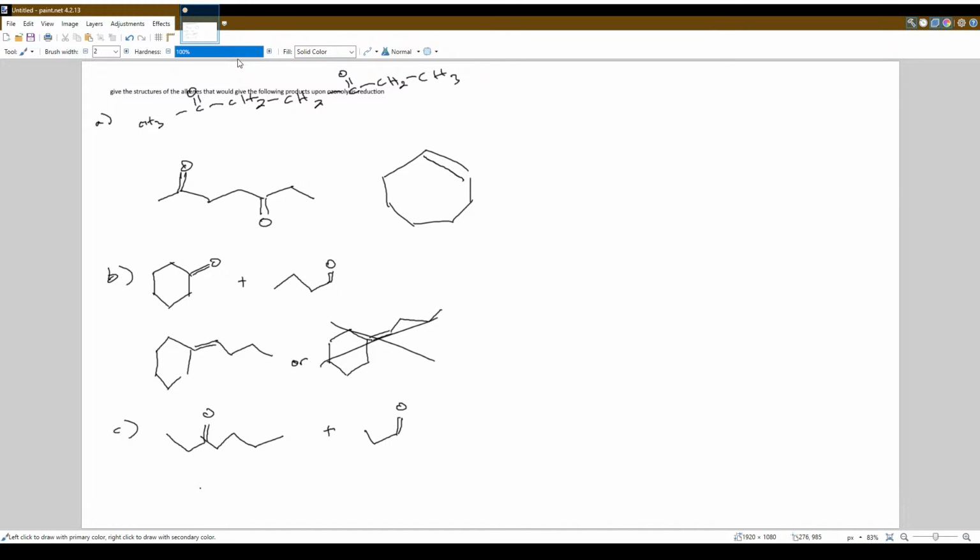So maybe it's something like, okay, like that. Or it's like this. Or it's on the other side. These are our different molecules. Yeah, okay. Let me check the answer key. Hopefully I'm right.